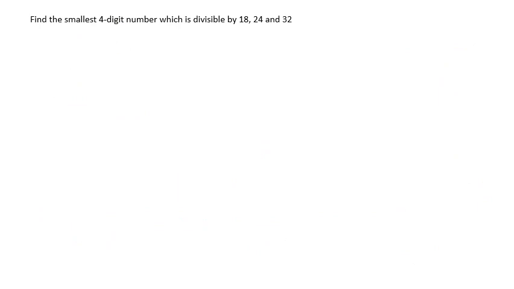Now find the smallest 4-digit number which is divisible by 18, 24 and 32. Smallest 4-digit number. Divisible. Again we have to find the LCM. You have to find the LCM of 18, 24 and 32. Now once you find the LCM, you have to find the 4-digit number.